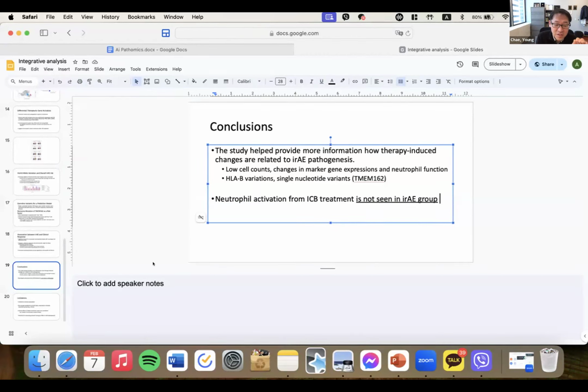This neutrophil activation is from ICB treatment itself as an adaptive immune response activation, and it's not that neutrophil is causing irAE. It's just through the therapy effect. I think that's what they're trying to say.